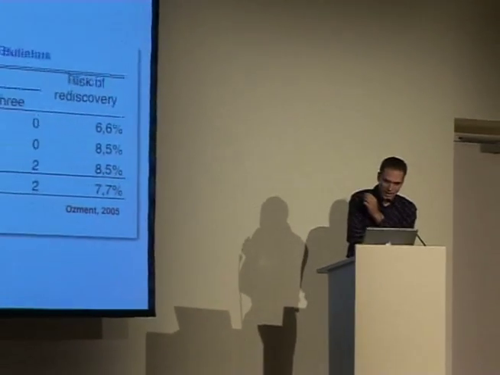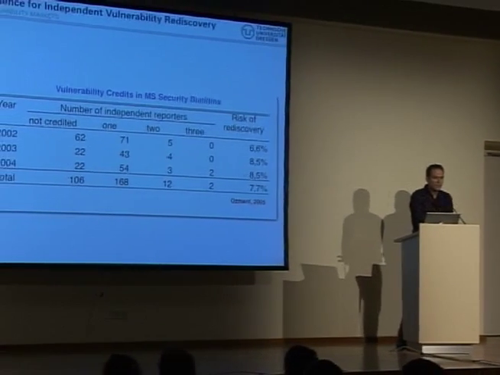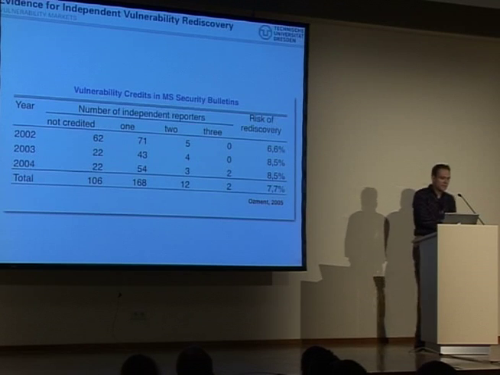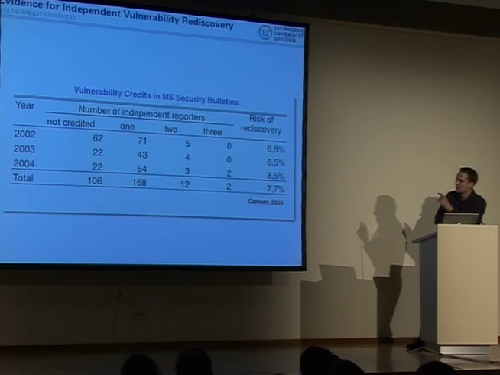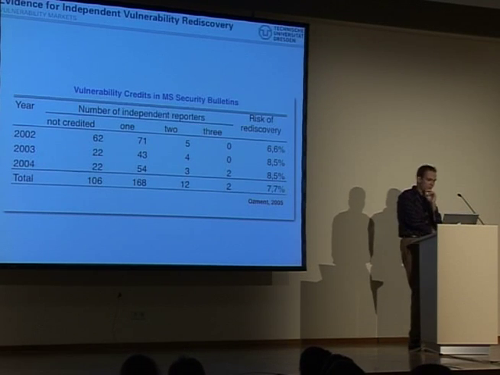So there is, for example, some empirical work done. It is also of a preliminary nature, but I don't want to hide it here. This is data that has been collected by Andy Osmet again. He evaluated the number of independent reporters cited in Microsoft security bulletins. And you see for each year here how many reports credited no, 1, 2, or 3 independent organizations that reported the vulnerability.